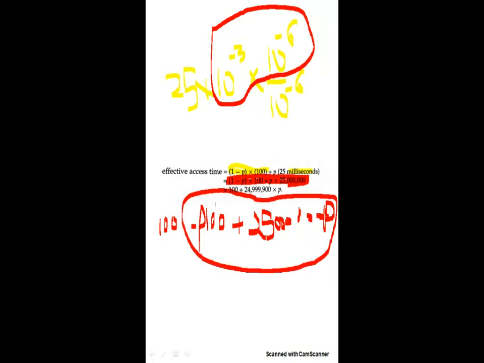Okay. This 100 is same as it is which you have got here, and when you subtract you will get remaining value in terms of P. So this is the effective access time.